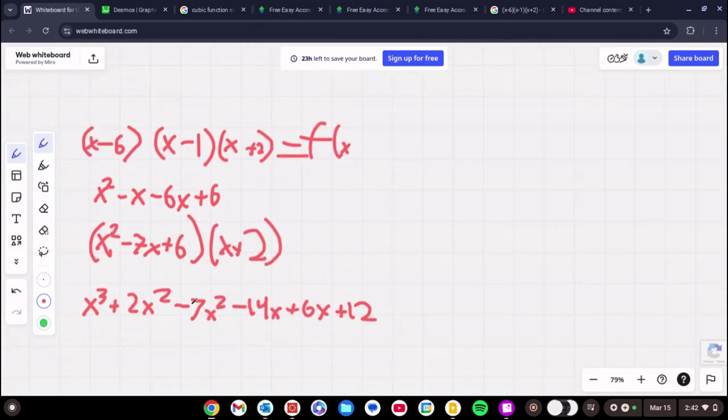But we can simplify it because we have like terms, where there's x squared here and an x squared here, and then an x by itself and an x by itself. So I'm going to rewrite this x cubed here, and then add these together to get minus 5x squared.